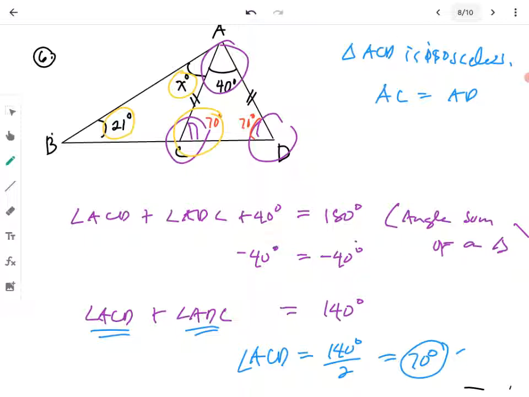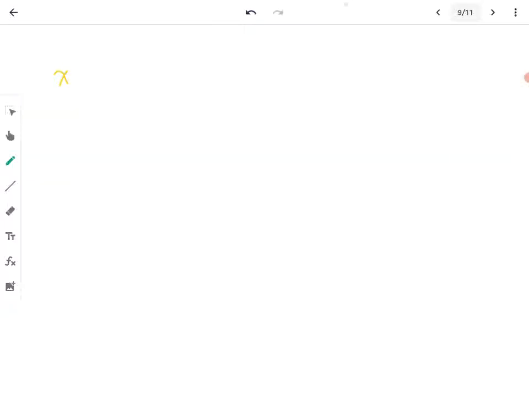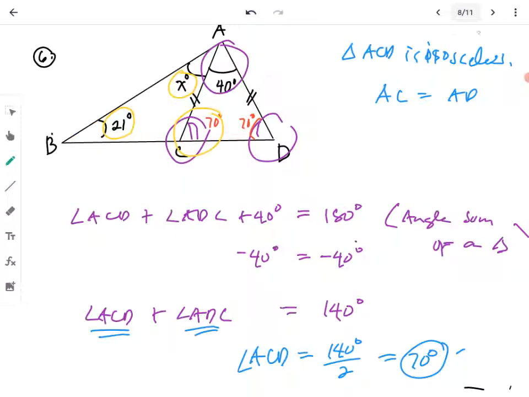So let's do that. What's the exterior angle? 70 degrees. What are the opposite interior angles? x and 21. So we say the exterior angle is 70.